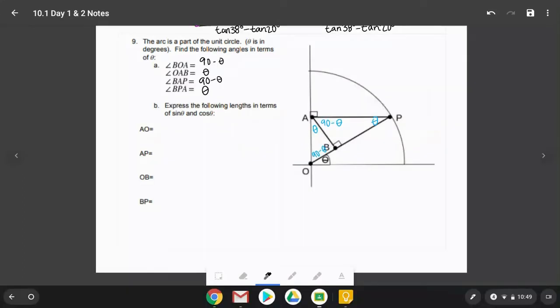For part B now, what we are asked is to find the following lengths in terms of sine theta and cosine theta. So the first thing that I want to do is highlight the first side that we're looking for.